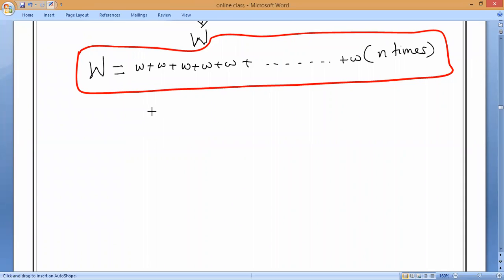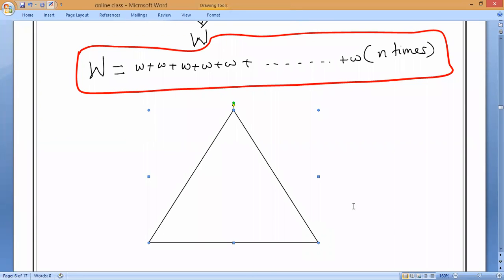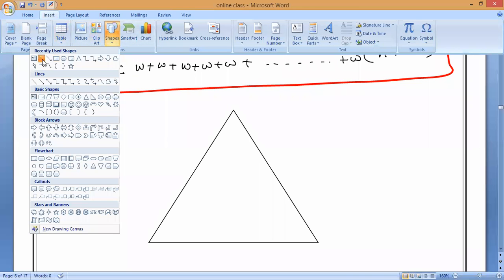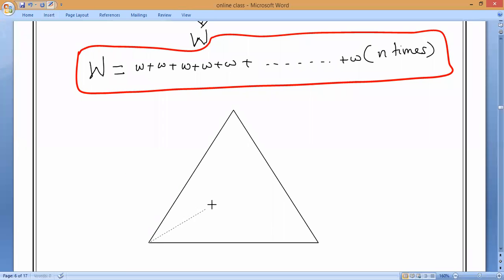For example, let me take the triangle. Either it has the center of gravity inside or outside, let me check. Now if we take the triangle, tell me, Hari, where will the center of gravity come, inside or outside?